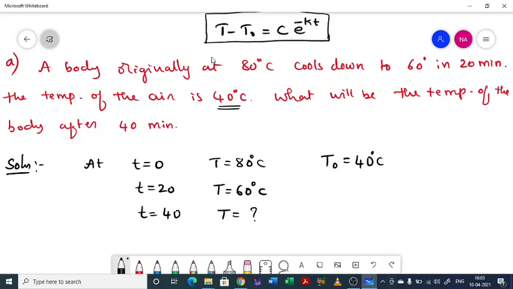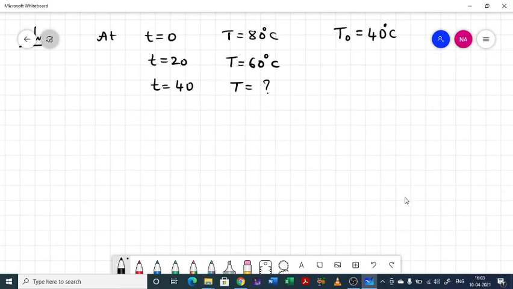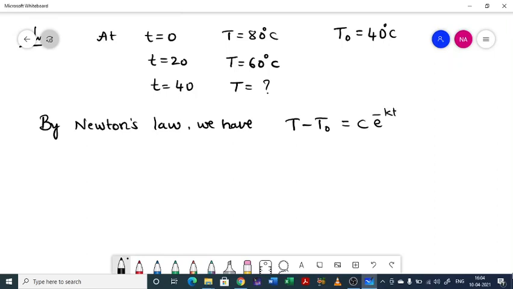Now we have this formula T minus T naught equal to C into e power minus kt. So that we have to use here. By Newton's law, we have T minus T naught equal to C into e power minus kt.